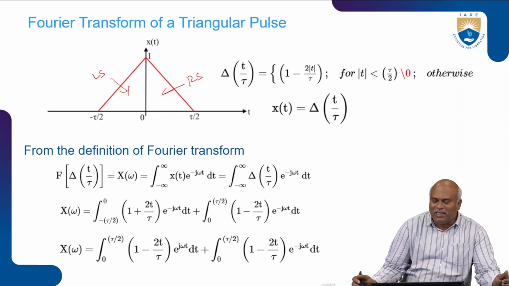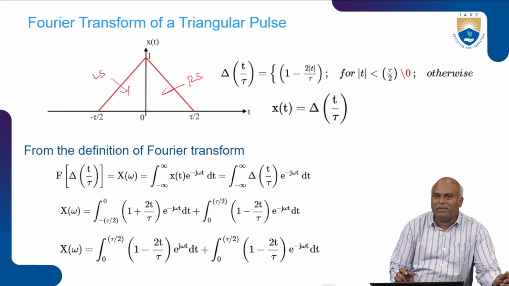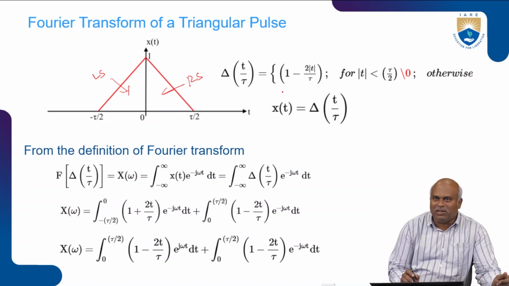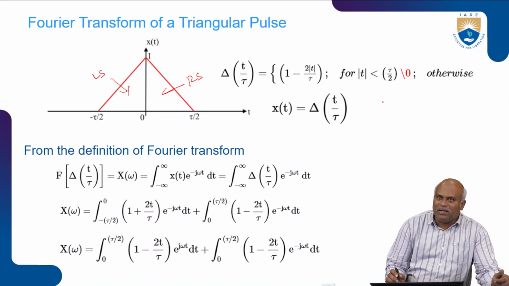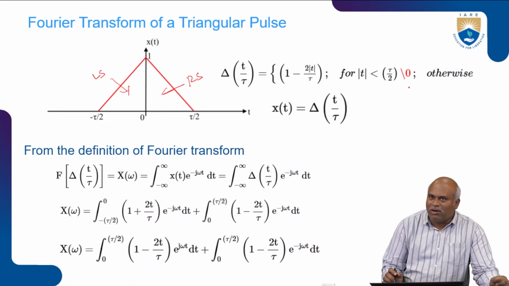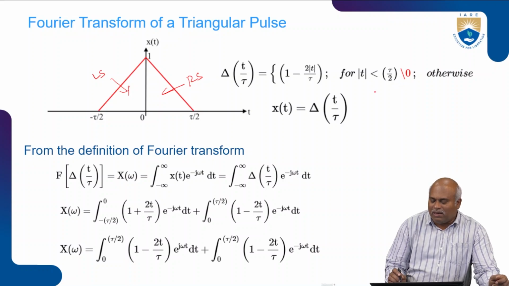That rectangular signal I represent in mathematical form as rect of t by tau is equal to 1 minus 2 mod of t divided by tau, for mod of t less than tau by 2, or 0 otherwise.